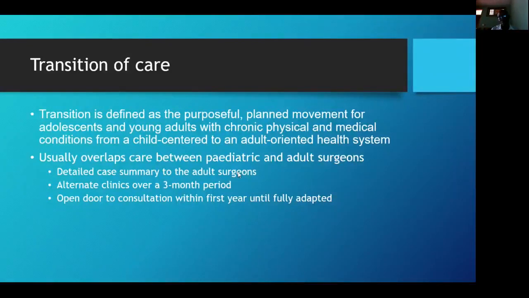This can be done over a 3-month period, depending on how frequent the visit to the pediatric surgery clinic is. Then one would need to open a door of consultation to the child, adolescent or young adult during the first year until the child is fully adapted to the care. So these are some of the things that are very germane in the care of children.